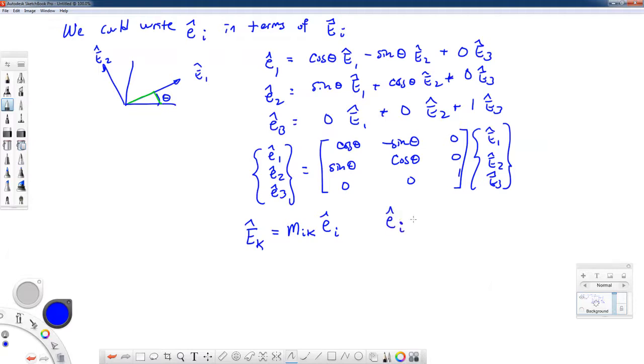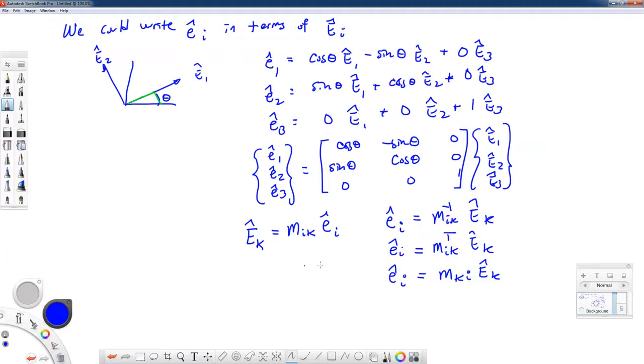The little E hat i are equal to the inverse of Mik times capital E hat k, which is equal to the transpose of Mik times E hat k, which is equal to Mki E hat k. So these are all the same thing.